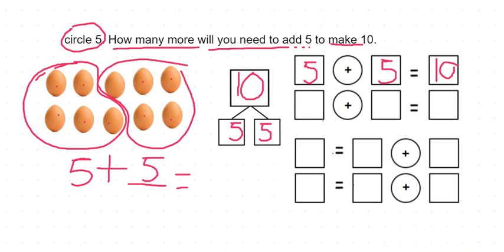Now, because it's a double number, the number is repeated. 5 plus 5 equals 10. And you're going to see why when I go to the next slide. I also know that 10 equals 5 plus 5. Now, let's move on to the next one.